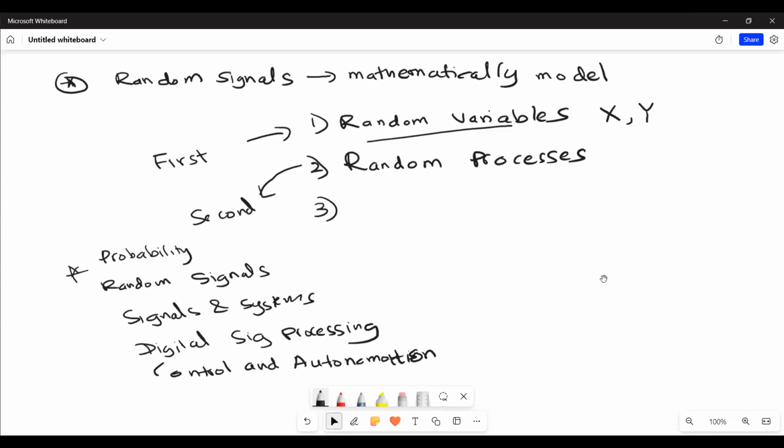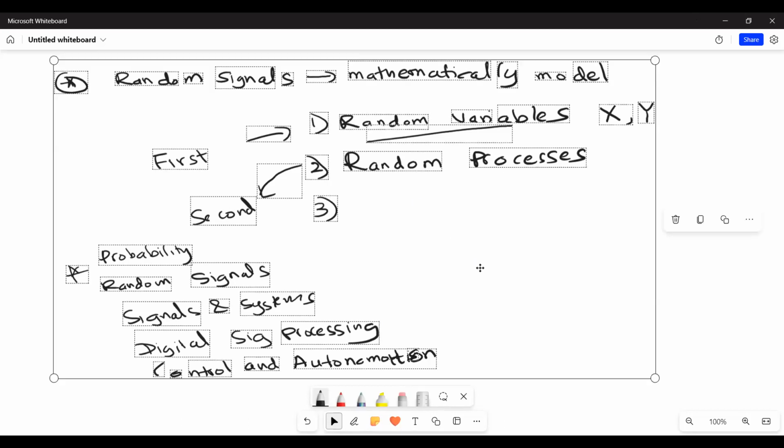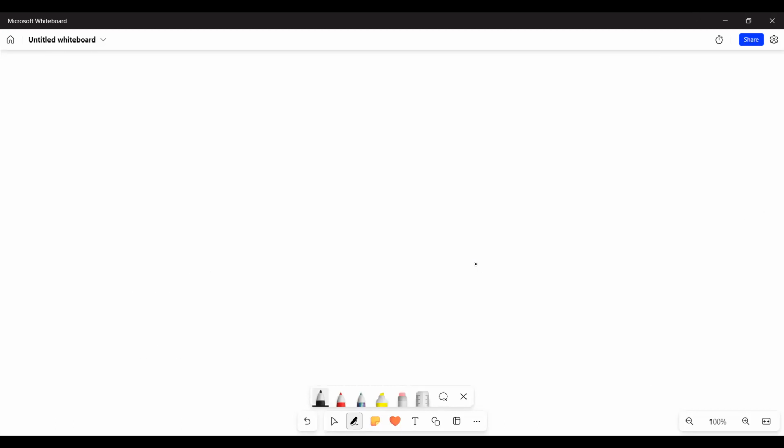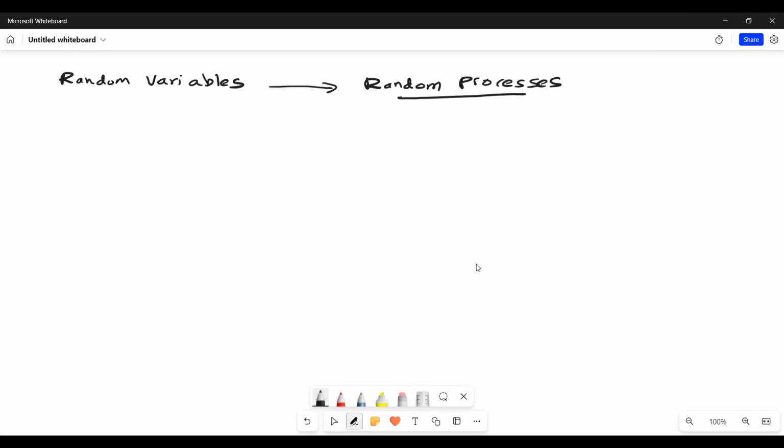Right. So we will first define the random variables, and then we will discuss the random processes. Random processes can be modeled using random variables.